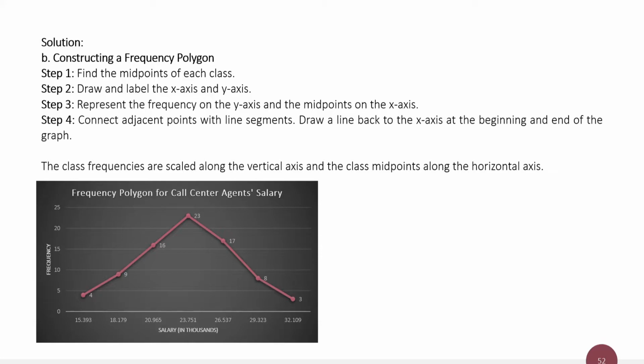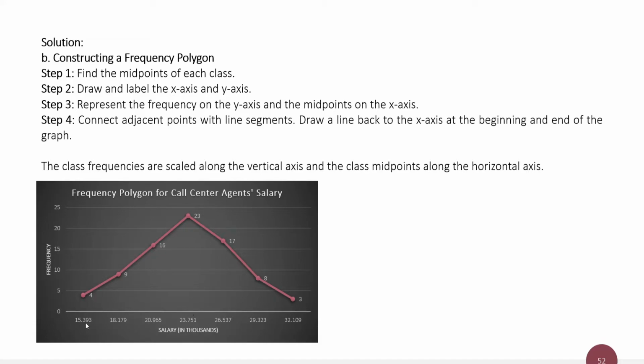Okay? So, papansin natin na yung mga nasa x-axis is ating mga midpoints. So, papansin nyo rin na naka-decimal. So, may mga point. Pero, sa ating label, meron siyang in thousands. So, same lang siya sa value na 15,393. Same lang siya sa 18,179 and so on and so forth.